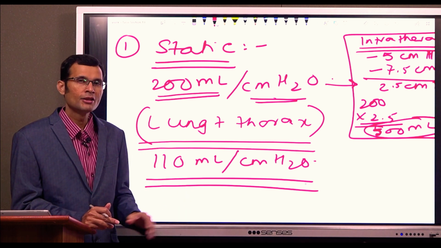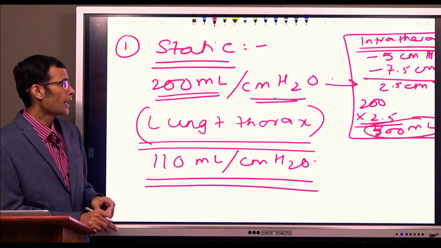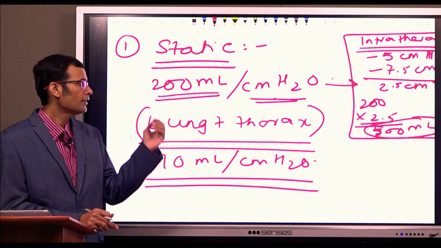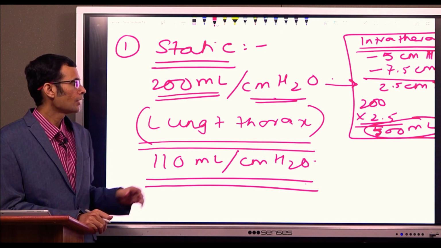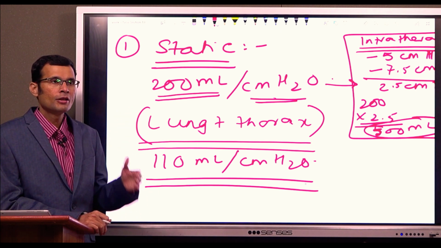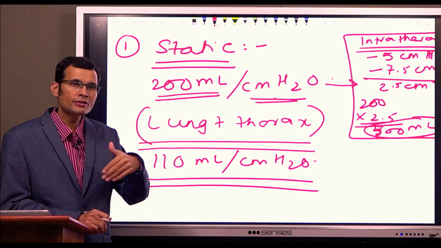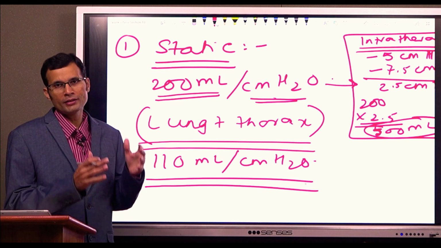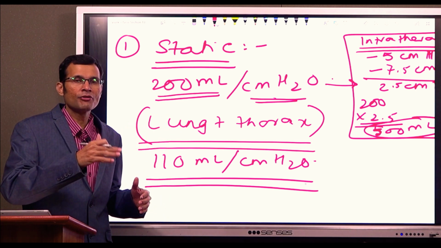Now, why is that? That is because, remember this, the thoracic cage and the lung have opposing tendencies. The thoracic cage has a tendency to move outward. Its natural tendency is to move outward. When the thoracic cage muscles contract, the thoracic cage will move outward.